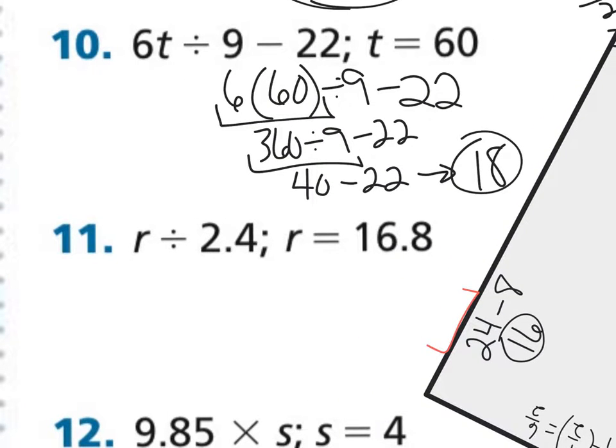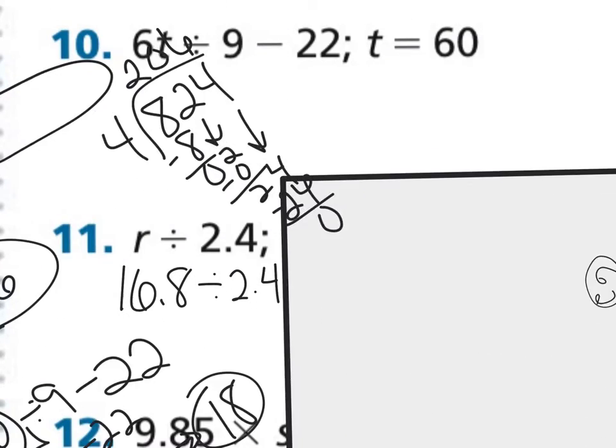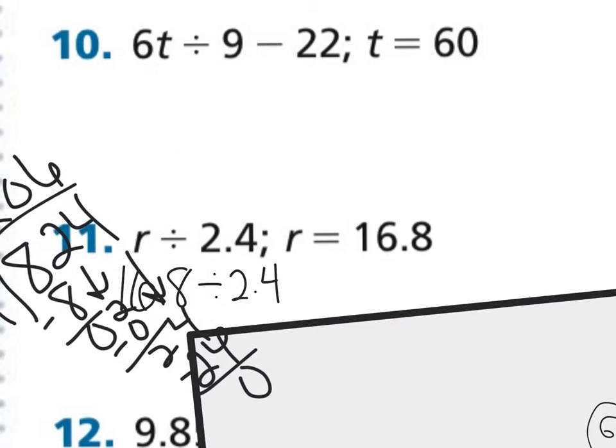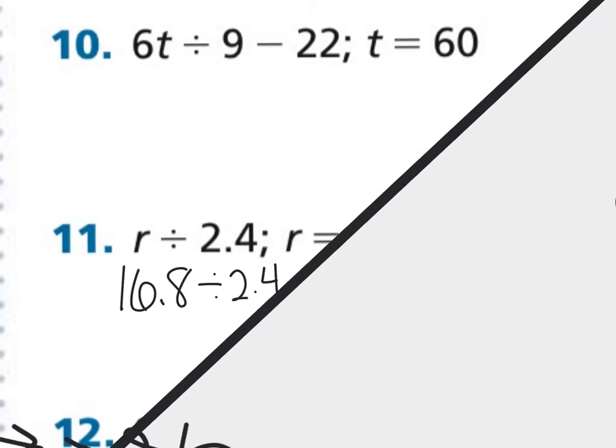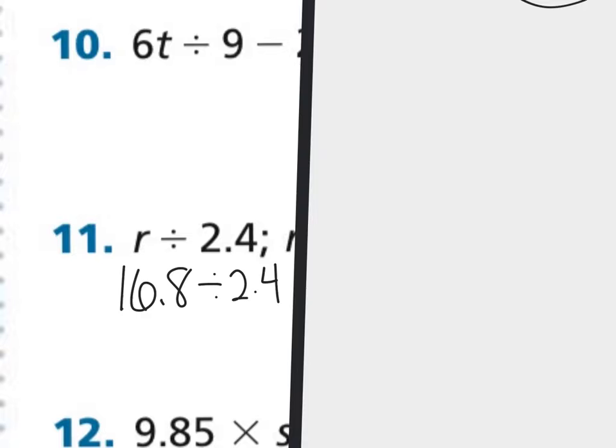On number 11, we'll substitute, so we've got 16 and 8/10 divided by 2 and 4/10. This is going to be dividing with decimals. So remember the first number that we're dividing goes on the inside.